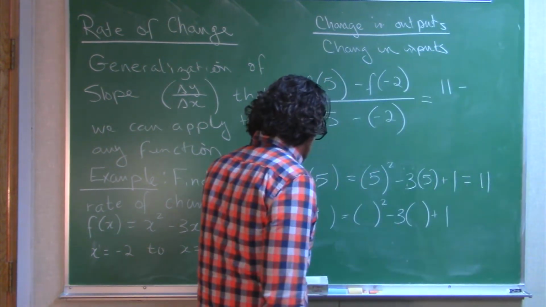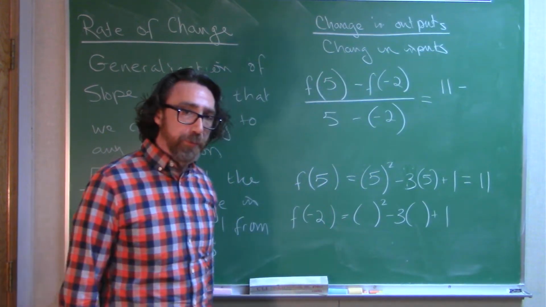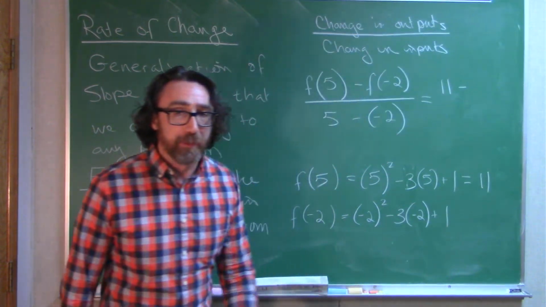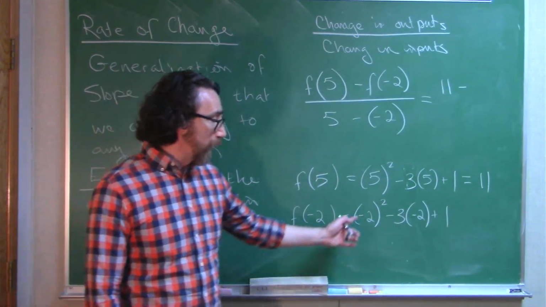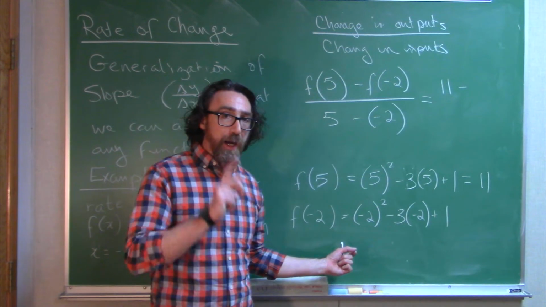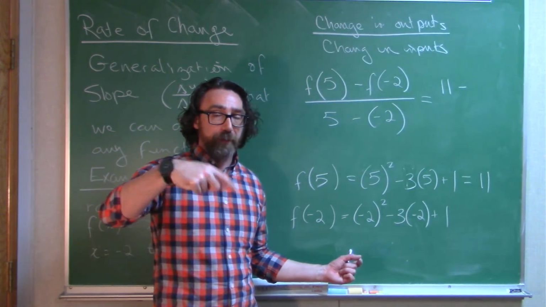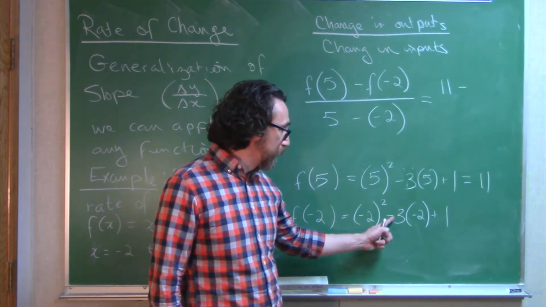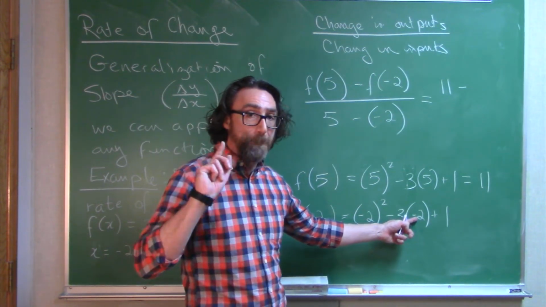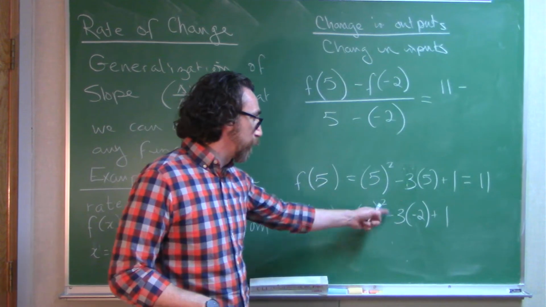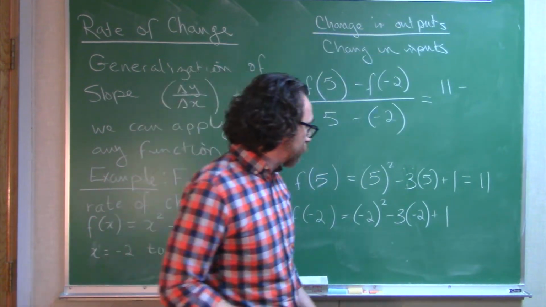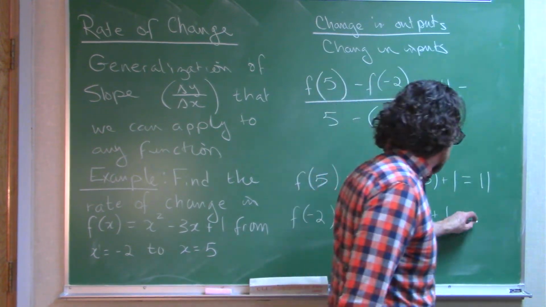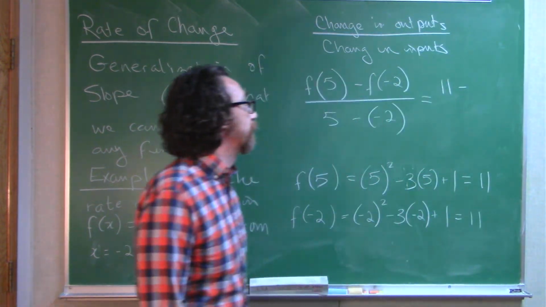F of -2, I put a -2 over there, that means I have to replace all the blanks with -2's. -2 squared means -2 times itself. -2 times -2 is positive 4. Okay, that's a 4. -3 times -2 is positive 6. 4 plus 6 is 10. Plus the 1 is 11.